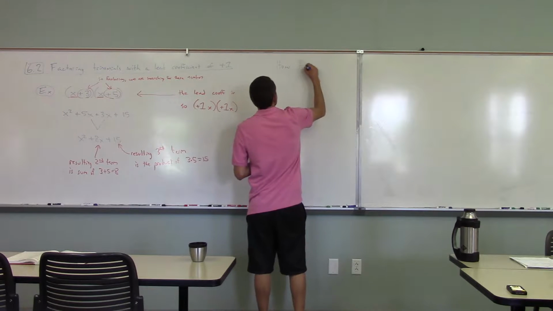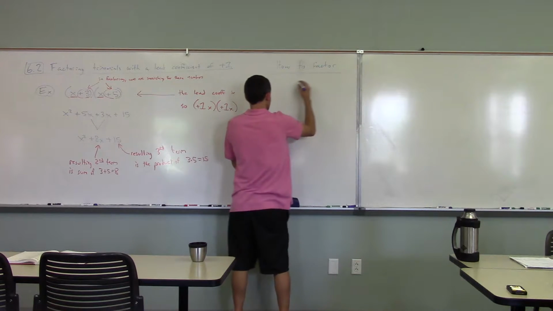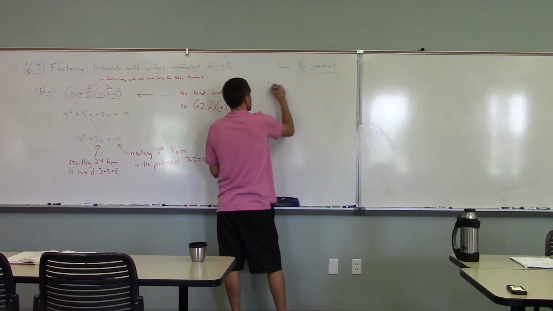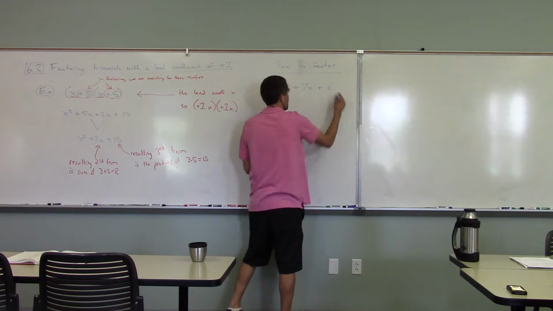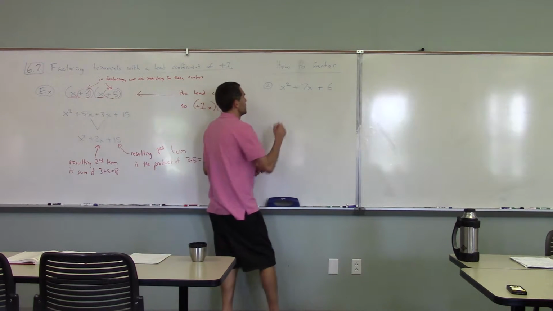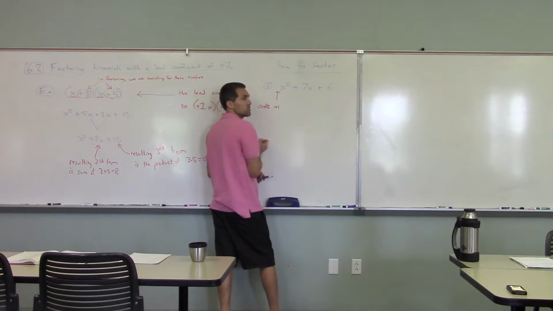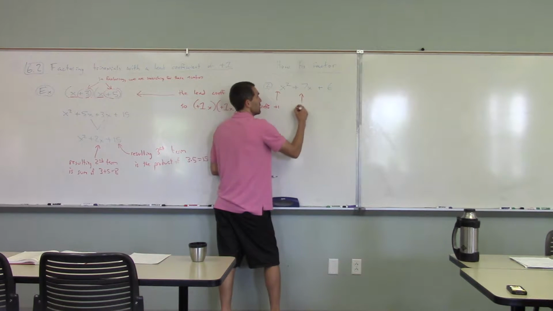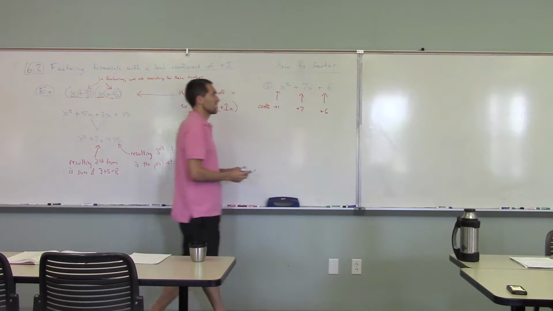So here, how to factor. Let's start with number 2. Nice straightforward one: x squared plus 7x plus 6. So the coefficients here are +1, which we need, +7, and +6.